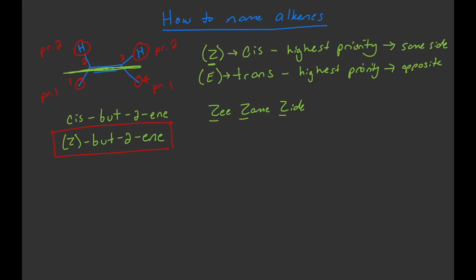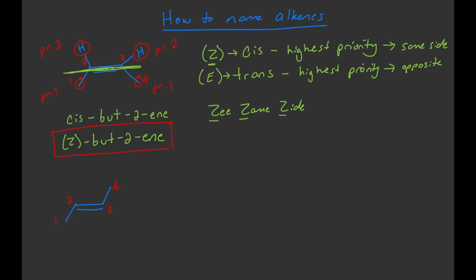Okay, now that we have named a basic alkene, let's show the opposite of this. Let's show the trans-butene. So if we were to draw the molecule in this way, we will keep our same numbering because, again, the alkene is in the middle.